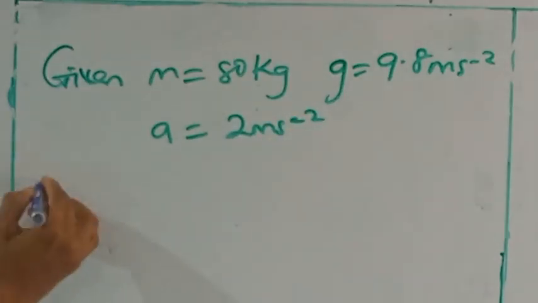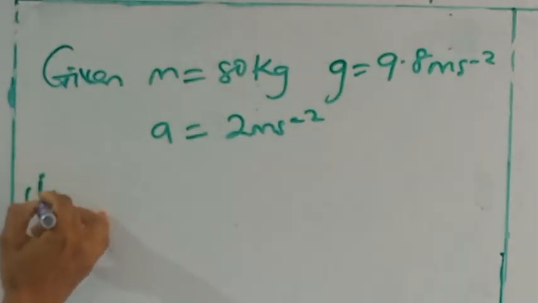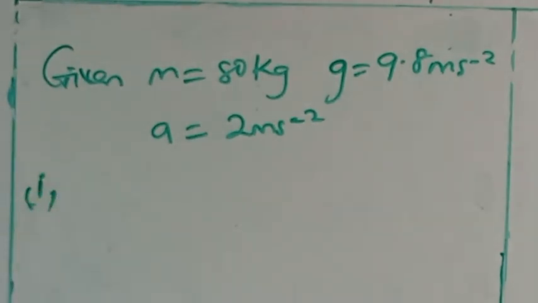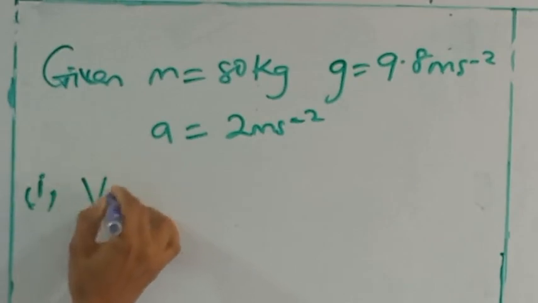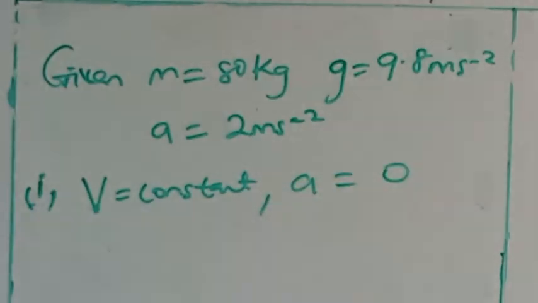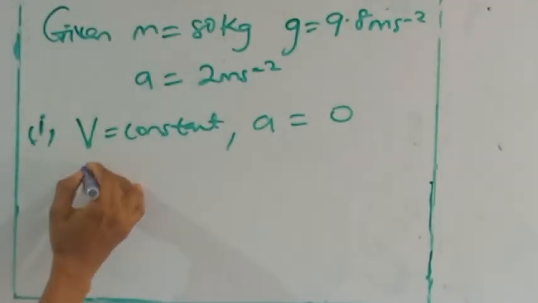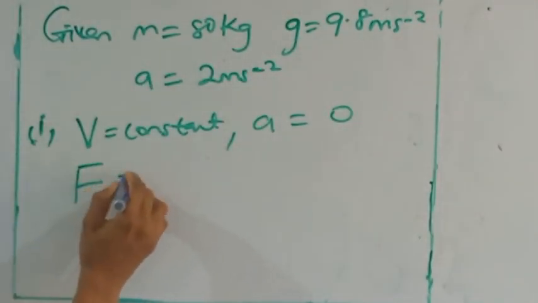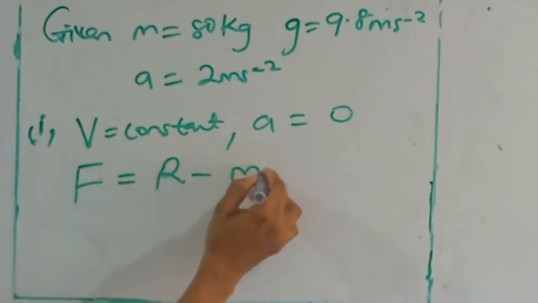Okay, we are looking for the first one, at constant velocity. Remember, once v is constant, acceleration is 0. And remember that the lift moves upwards. Since it's moving up, we have this formula, F is equal to R minus mg.